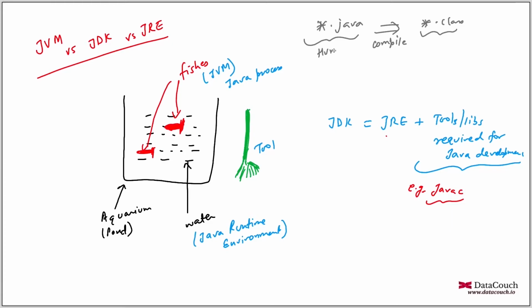This one is human readable, and this one is machine readable. Human readable is fine, you can code it, you can write it, but machine readable is also called bytecode.